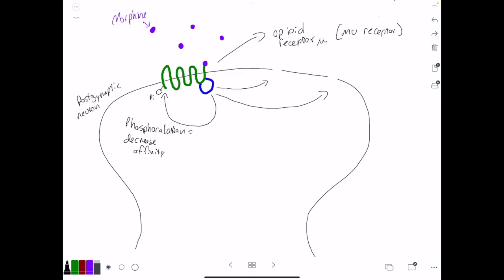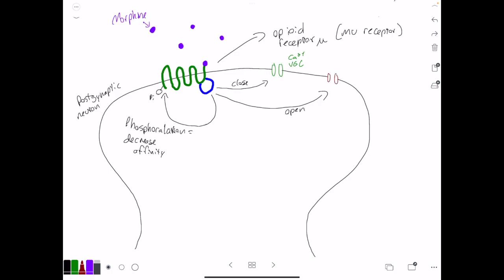a closing of our calcium channels. These are voltage gated channels, so we'll close these calcium channels with chronic use, and in turn we'll open other channels.